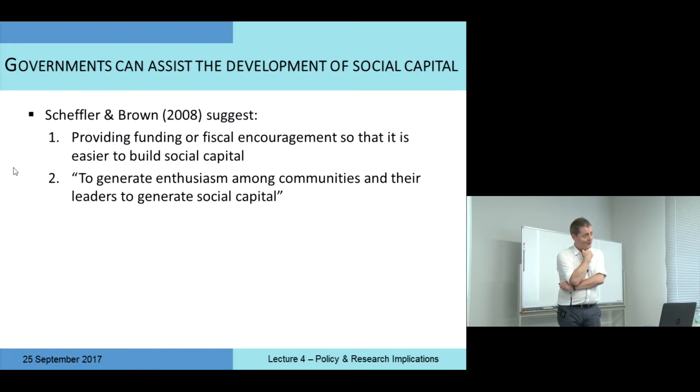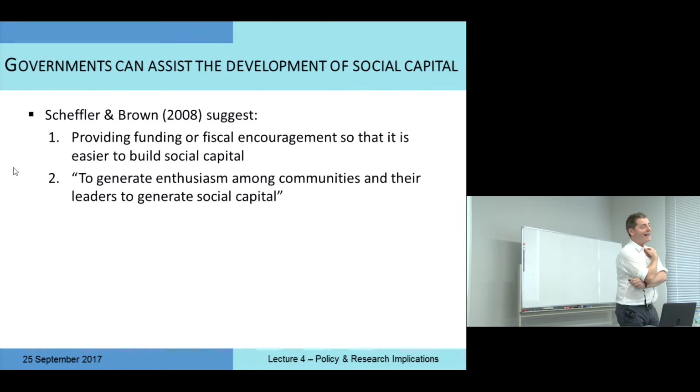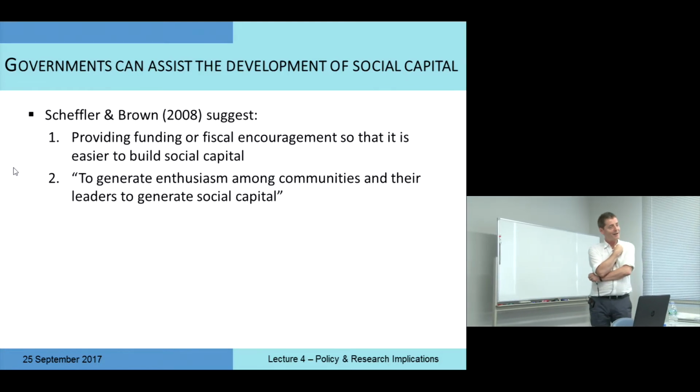Politicians are probably the worst people to look to generate enthusiasm among communities. These days, there's such a high level of distrust. Maybe the politicians could add to social capital hugely by becoming more trustworthy.